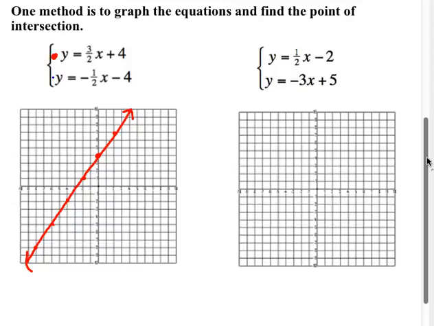I'm going to draw this one in blue. This time starting down at the intercept of -4 and a slope of -1/2. Down 1 over 2, down 1 over 2, and so on.